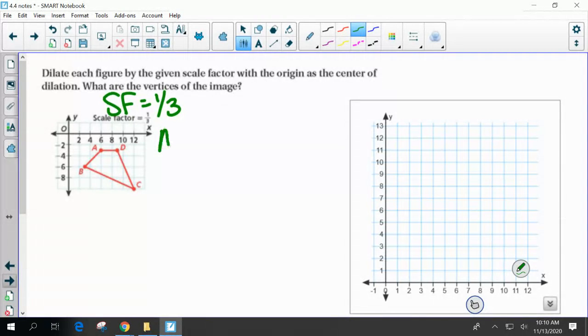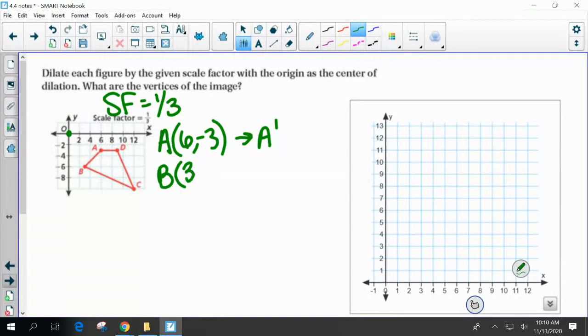So A is what? 6 and 3. So this is 0. Oh wait, no, yeah, 6 and -3. And then A prime, we'll get to that in a minute. But B is what? 2 and -6.